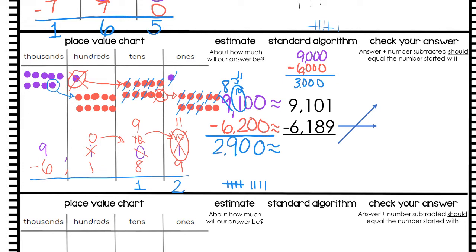So I need to go and take in one of my 9s. Now I only have 8,000s left because I have regrouped 1,000 into my hundreds place. Now I can take away 1,000. Now I'm left with 9,000s. And in the thousands place, I'm going to take away 6. 1, 2, 3, 4, 5, 6 thousands, and we're left with 2,000.